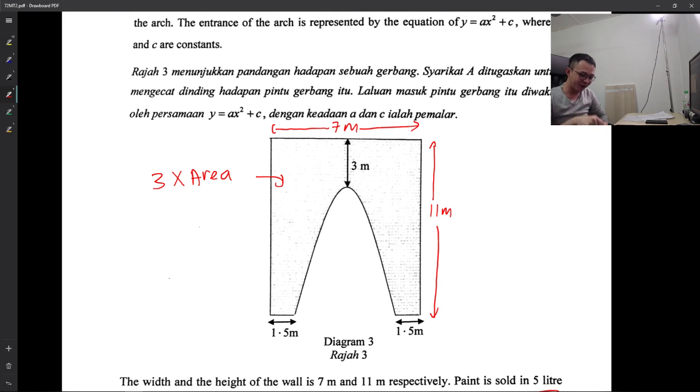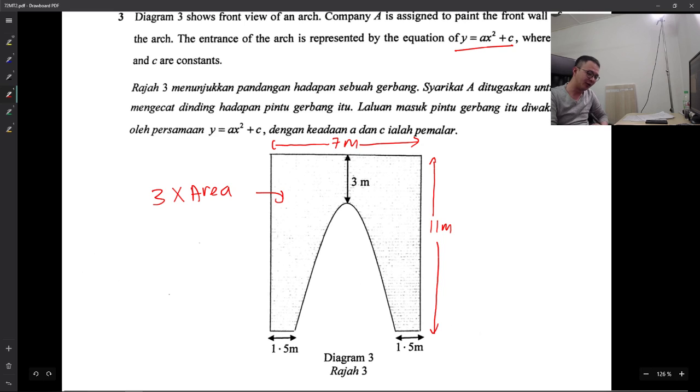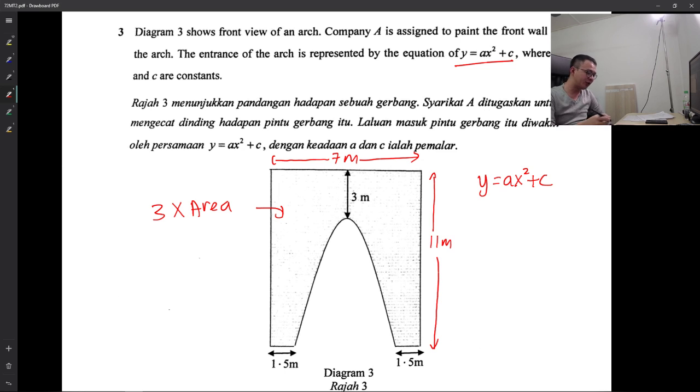And luckily I have an equation given over here. This equation is y equals ax squared plus c. What's so special about this equation is that the general equation for a quadratic is y equals ax squared plus bx plus c, and you realize the equation given here doesn't have bx.